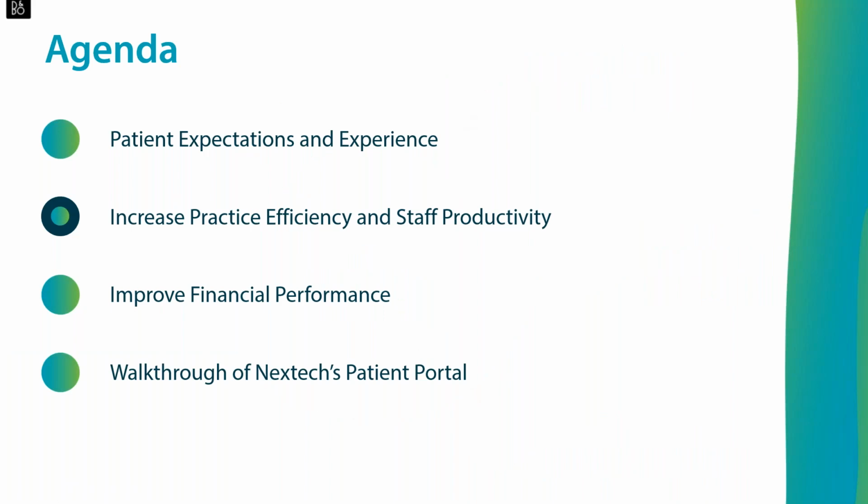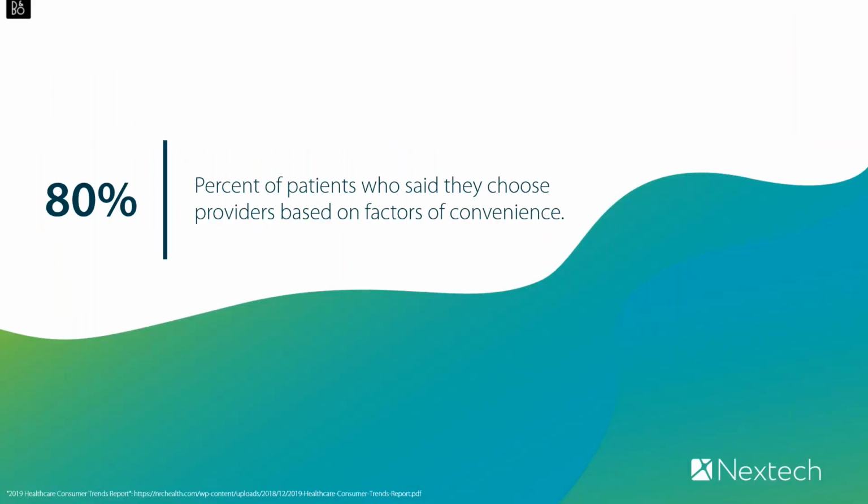Now that we're seeing some things that the patient can do, how does that relate to the practice? How does it relate to staff productivity? I think some of these we probably already started to allude to, but let's dive in a little bit deeper with them. First things first, we found, and I think this was probably a common factor here, 80% of patients said they would choose providers based off of pure convenience.